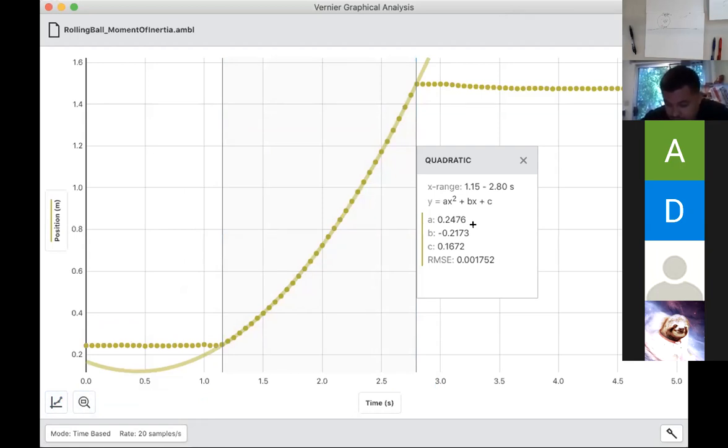It's actually 1/2 times my acceleration. But if I double that, I get an acceleration of 0.49 and change meters per second squared, which is pretty noticeably different than 0.85. So what happened? It was because it was rolling, right?